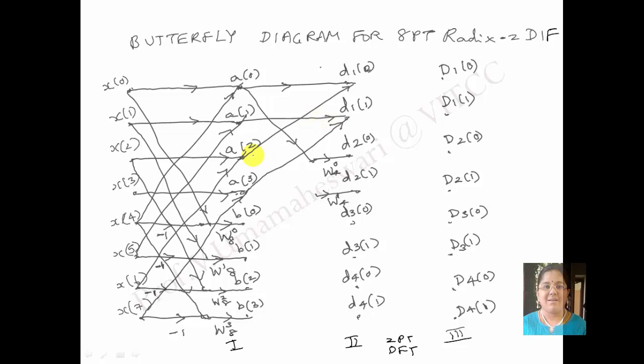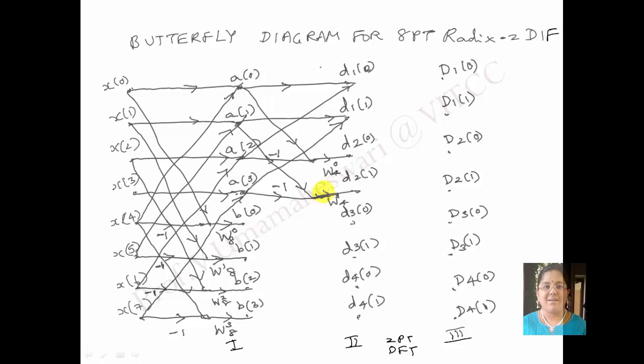Please refer to the time domain expressions one more time if you have any questions. So d2 of 0 is a of 0 minus W_4^0 a of 2. Similarly, d2 of 1 is nothing but a of 1 minus W_4^1 a of 3.